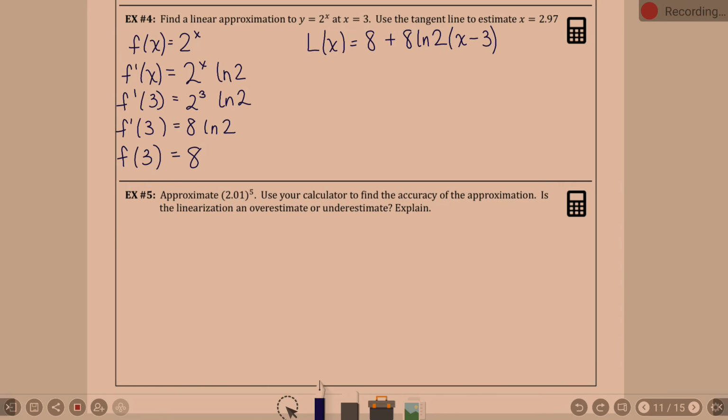What do we have to do now? Plug in 2.97. So now we're using it to estimate 2.97. So 8 plus 8 natural log of 2 times 2.97 minus 3. I could do 2.97 minus 3 in my head, but that's about as far as I'm going to get in my head.